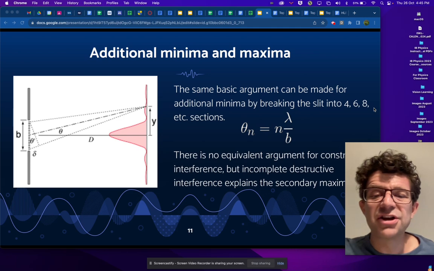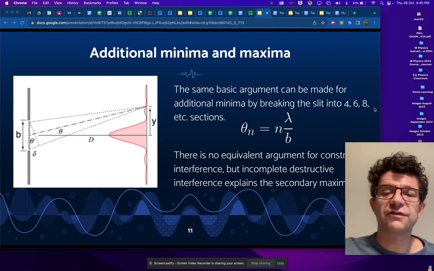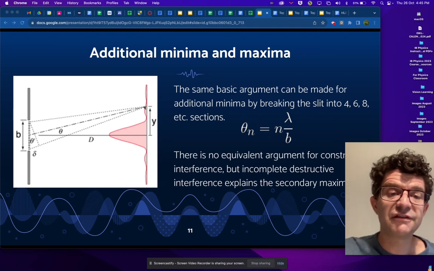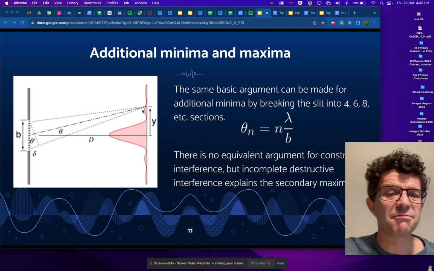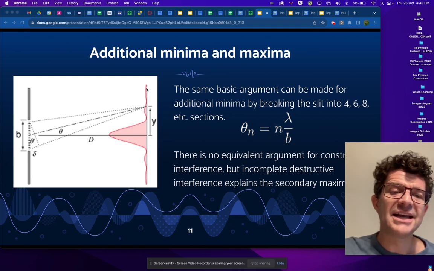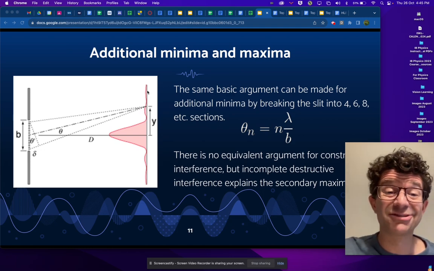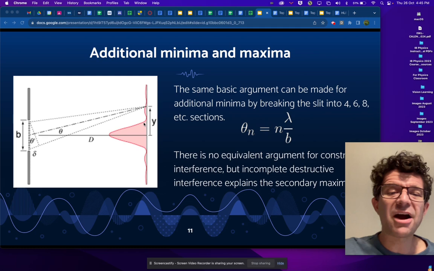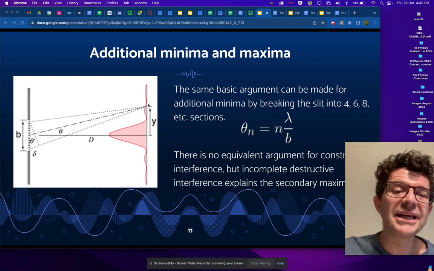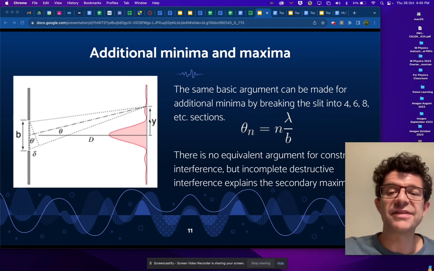Notice that there's actually no equivalent argument for finding where the constructive interference occurs. That's actually much harder, and we can see that it doesn't actually interfere particularly constructively, right? These aren't strong interference peaks, but they are about halfway in between the minima.